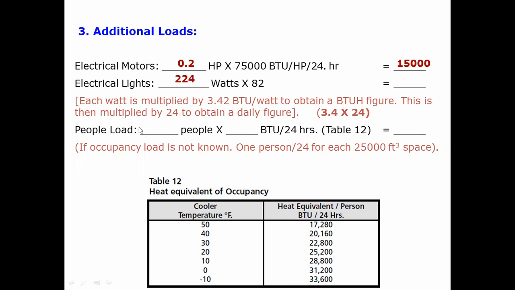Each watt is multiplied by 3.42 to get BTU per hour. To get the BTU per 24 hours figure, this again should be multiplied with 24. So 3.4 into 24 is already 82. Directly they have written this. So in order to convert watts into BTU per 24 hours, just multiply it with 3.4 into 24.